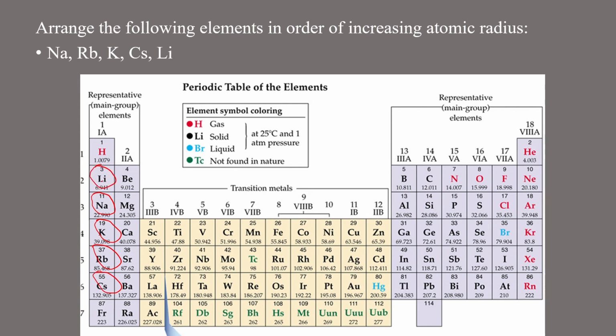All these elements are from the same group, and we know that the atomic size increases as you go down the group, right? So if you are going to write down increasing atomic radius order, you should start from the smallest one, which is lithium, and then sodium, potassium, rubidium, and cesium.